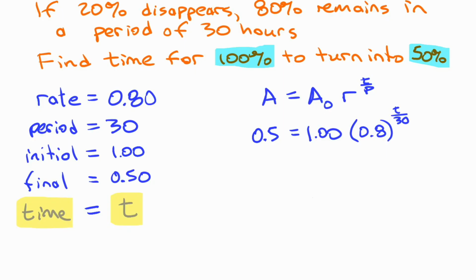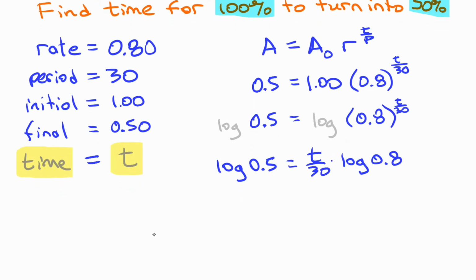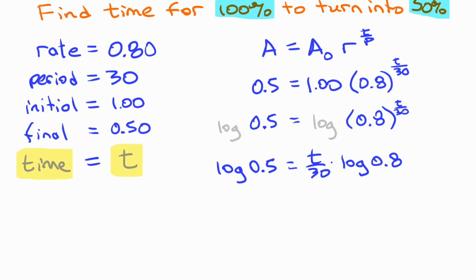Again, you don't need to divide by 1, you can just get rid of it, and you'll have that equation there. You can take the logarithm of both sides, you can move that to the front over here, and you end up with that equation there. We need to do two things to that, right? We need to multiply by 30 on both sides because that cancels out.